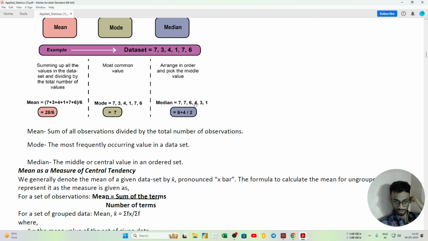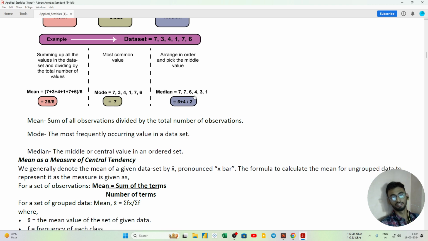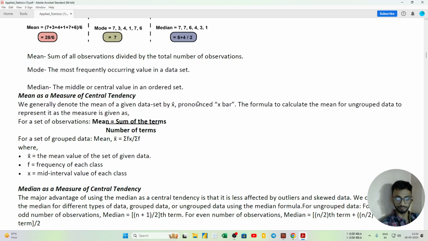But if the number of elements in the data set is odd, then the middle value will become the median directly.